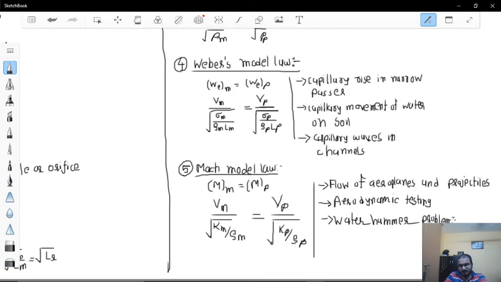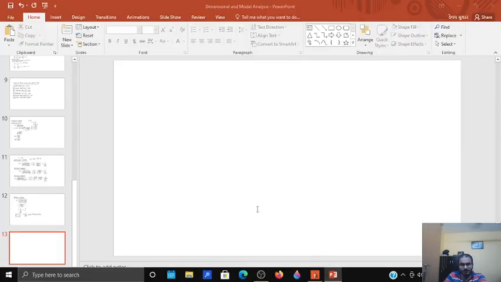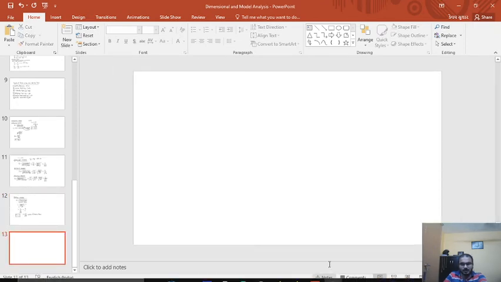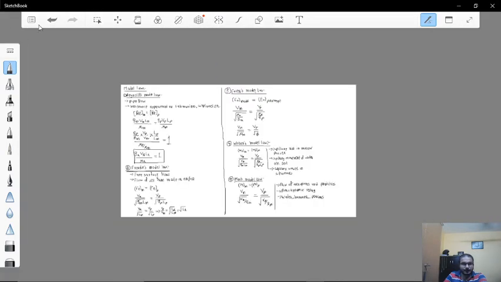So these are the 5 model laws, and let's copy them into our main slide.